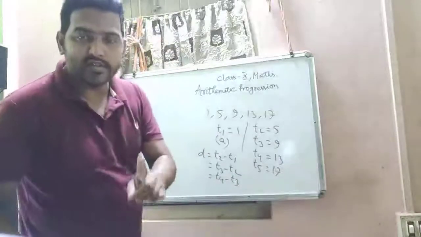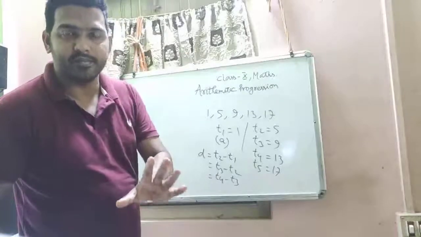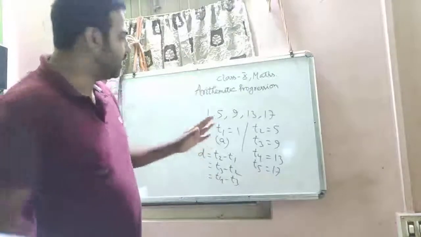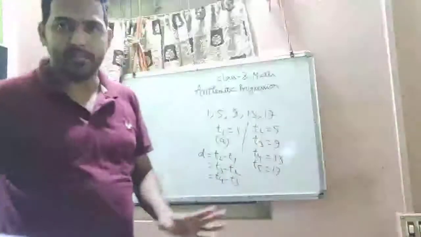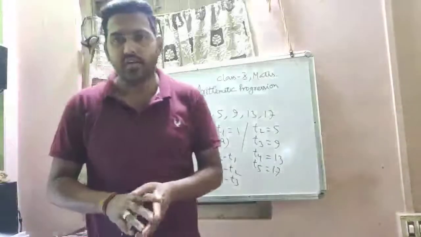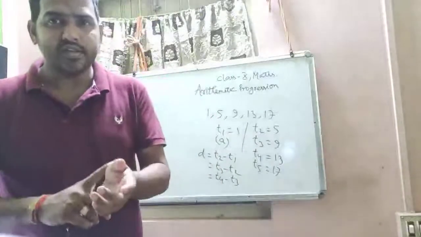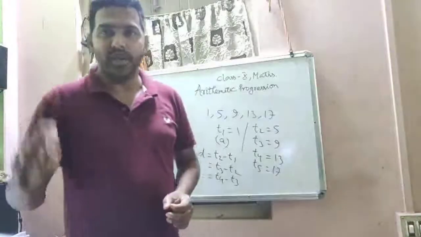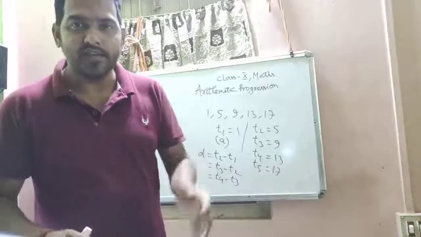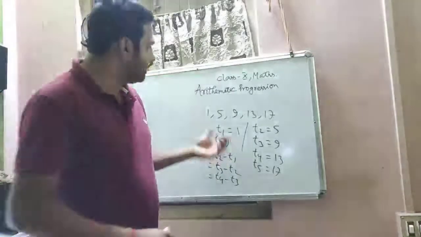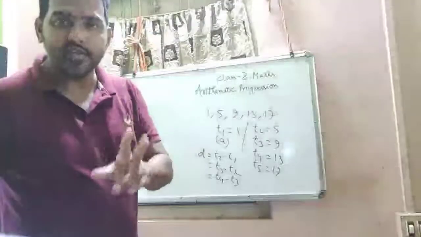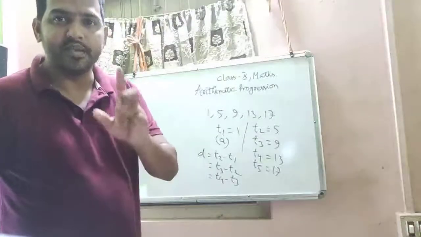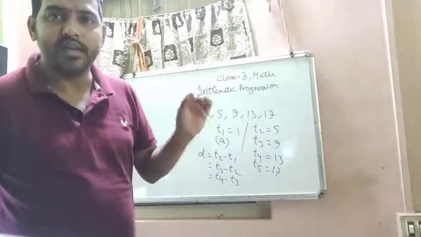In all cases, the difference should be same, so that the numbers can form an AP. So what we have learned right now: the first number present in the series forming an AP is symbolized as A, and the common difference between any two successive numbers is represented by a symbol D.